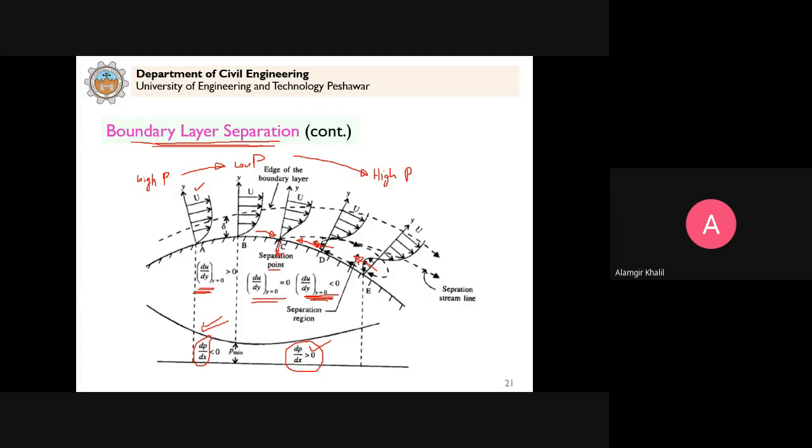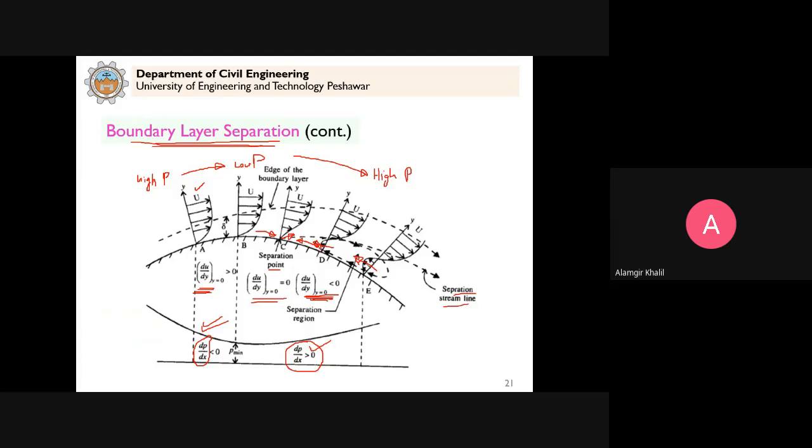Can the flow come here? It is a solid body, so no. That's why the flow will try to move in this direction. Or in other words, let me draw this correctly. The fluid will detach and move in this direction, as shown by this dashed line, the separation streamline.